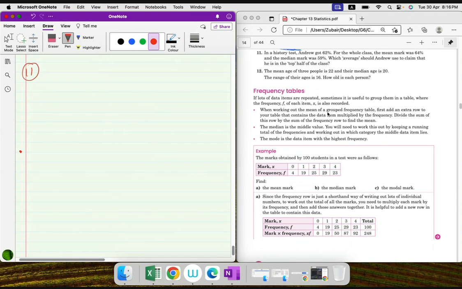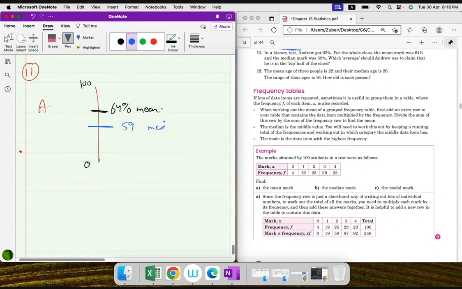Which average should Andrew use to claim that he is in the top half of the class? Okay, so we have this scale. Let me do it this way. This should be 100% and this is 0. For the whole class, the mean is 64% and the median mark is 59.